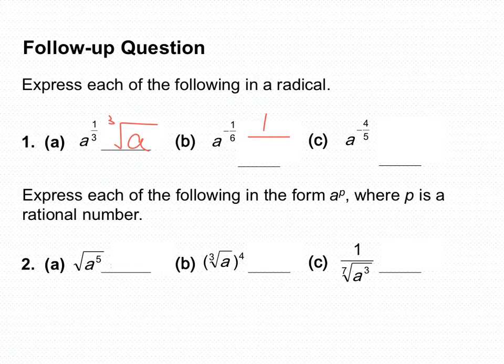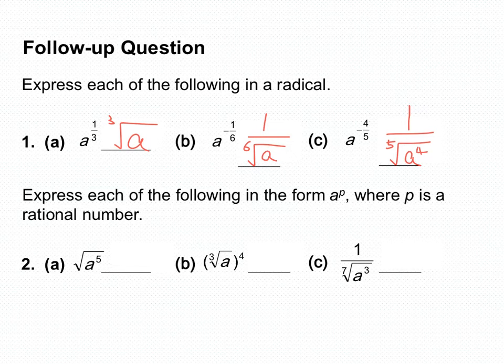That means 1 over, and 1 over 6 is the 6th root. Okay, this one, part C. A negative index is the reciprocal. 4 over 5, 5 is a 5th root, and a to the power 4.